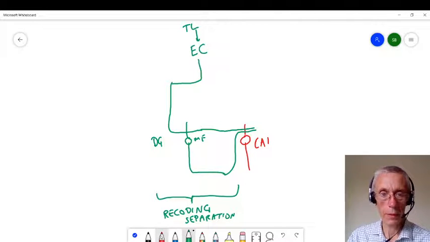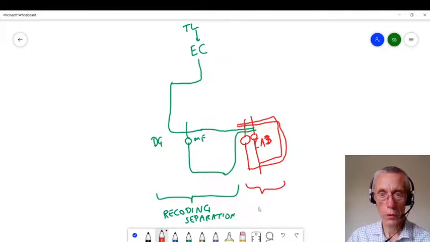Sorry, I've realised there's actually a mistake here. This is, of course, CA3. So these CA3 neurons auto-associate, and that produces the autoencoder.